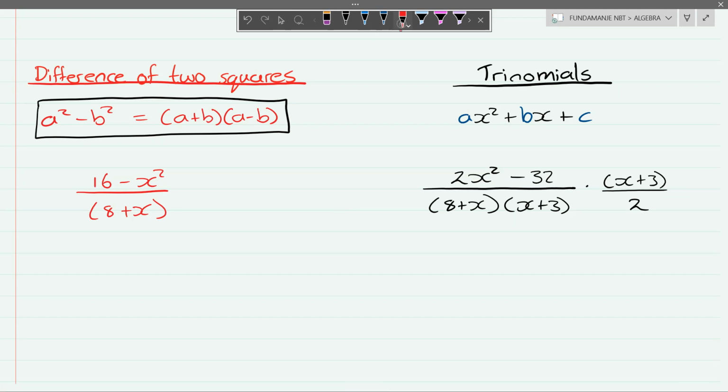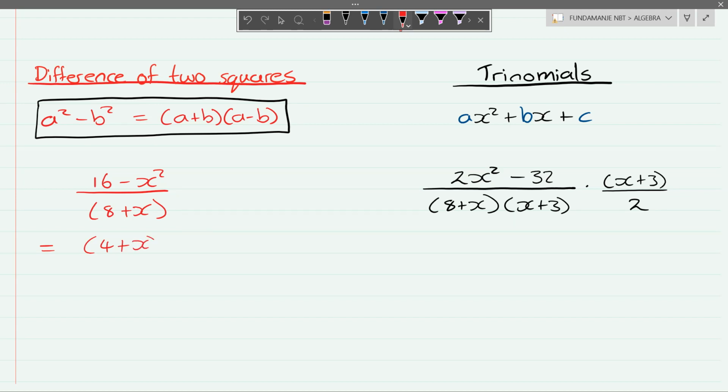So in this step, we want to simplify this equation, or rather this expression, using the method of difference of two squares. So we're going to take 16 minus x squared, and that's going to give us the square root of 16 would be 4. The square root of x squared is x.